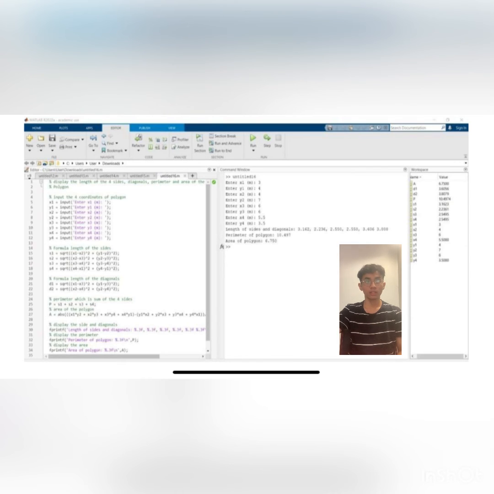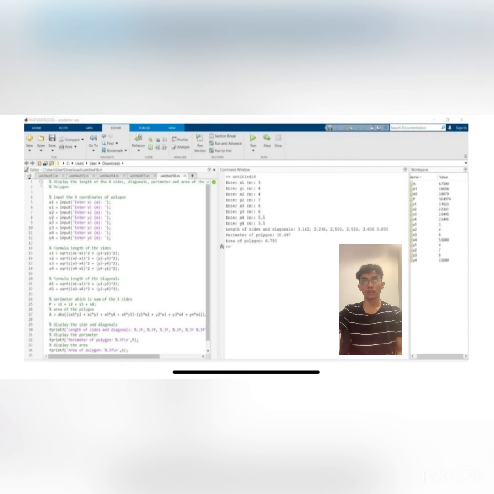Next, I input the formula for the length of the diagonals, D1 and D2. Next, I input the perimeter, which is the sum of the 4 sides, so P is equal to S1 plus S2 plus S3 plus S4. Next, I input the formula to find the area of the polygon. It will display the sides and diagonals after we run the section.